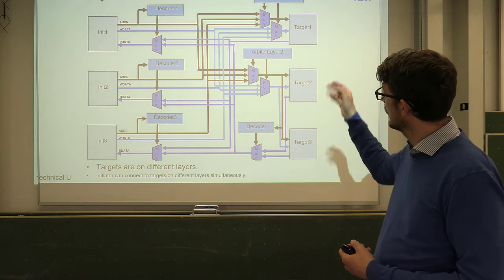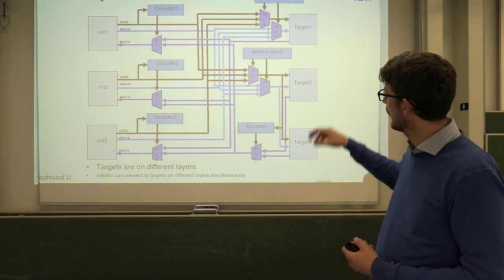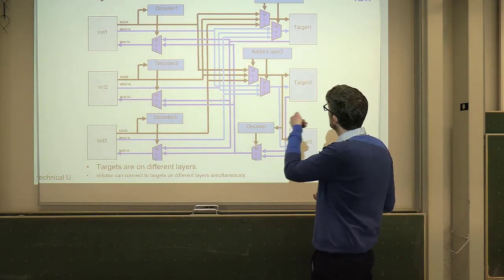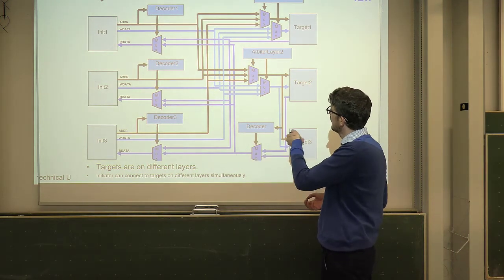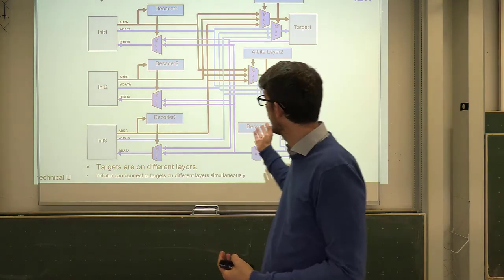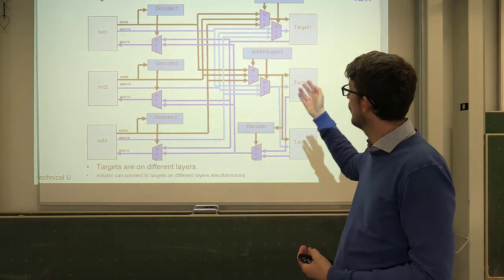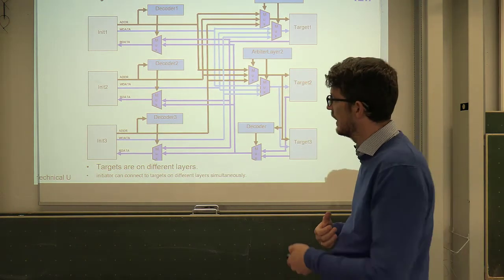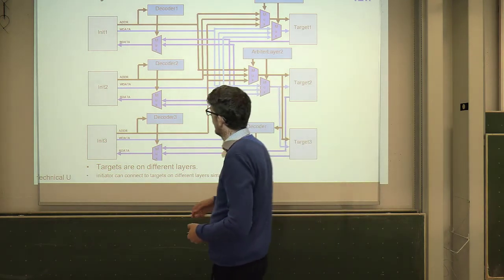And the thing is, now the initiators can access targets as long as they are on different layers. So initiator 1 can talk with target 1, initiator 2 can talk with target 2 in parallel. Because here initiator 1 takes these buses, initiator 2 can take these buses, and there's no conflict. Everything is going, and the arbiter gives layer 1 to initiator 1 and layer 2 to initiator 2. The only thing, of course, is initiator 3.